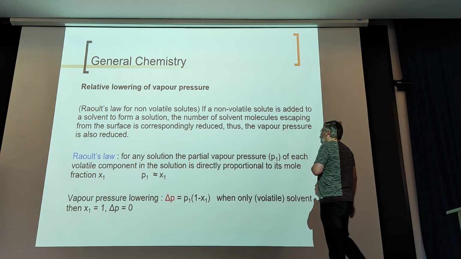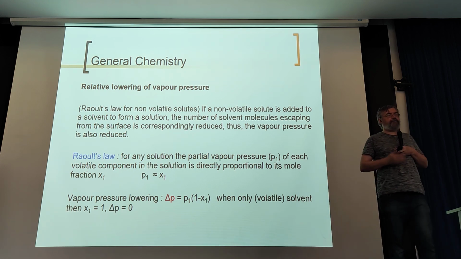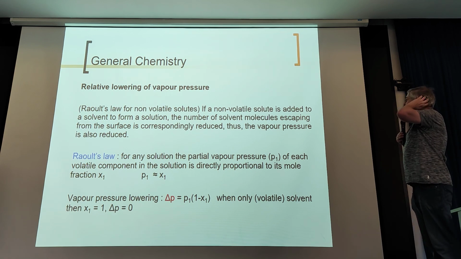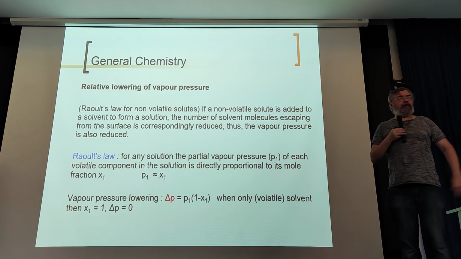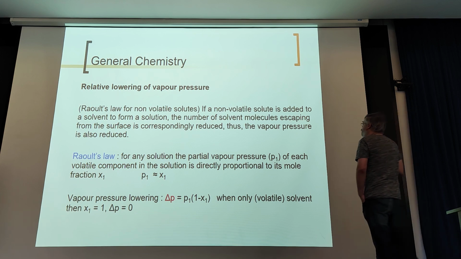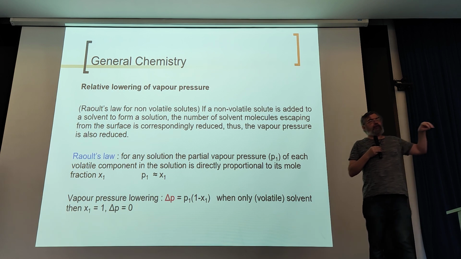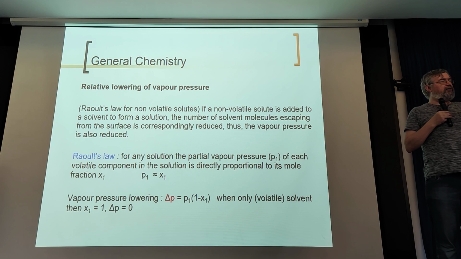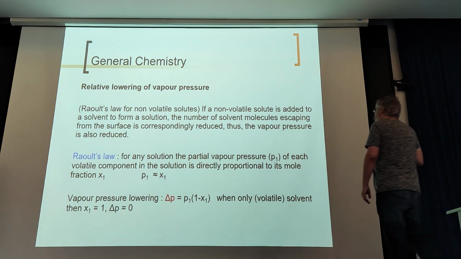And this has to do with the so-called Raoult's law for non-volatile solutes. That means if you add non-volatile solutes, for instance a salt or sugar, to a solvent, you form a solution that now, because there are some molecules in between the solvent, has less contact with the outside world, and the vapor pressure is diminishing.